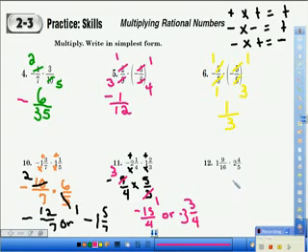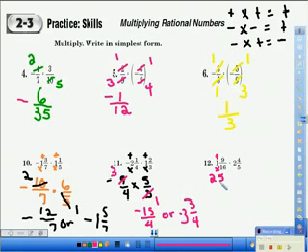And let's look at one more example before you begin to work. Remember, we have to change our mixed numbers to improper fractions. This is multiplication. This is addition. 16 times 1 is 16 plus 9 gives us 25.